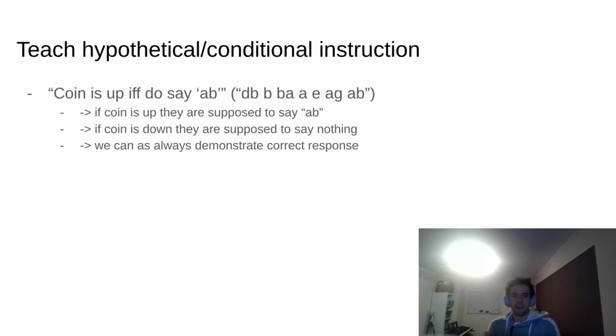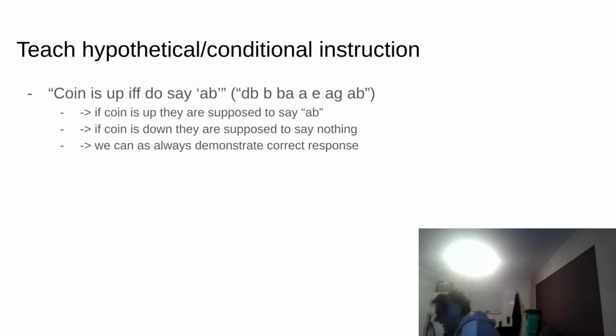The behavior we would ideally want, though it's very hard to guess whether the orcas generalize that far, and it's just a test, is if the first sentence is true, the coin is actually up, then they should say Abe. And if we say the coin is up if you say Abe and the coin is not up, then they should not say Abe.